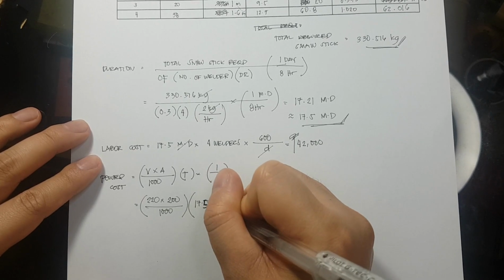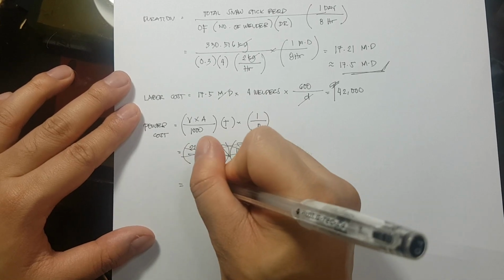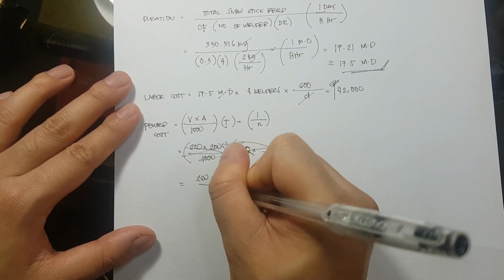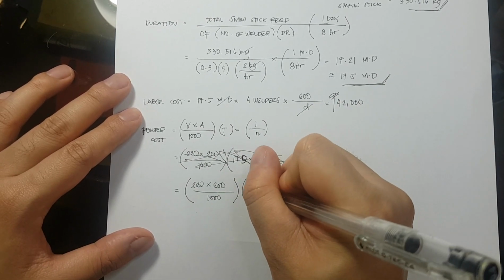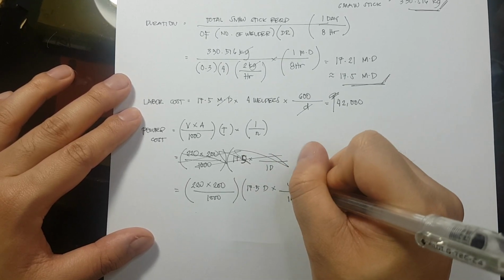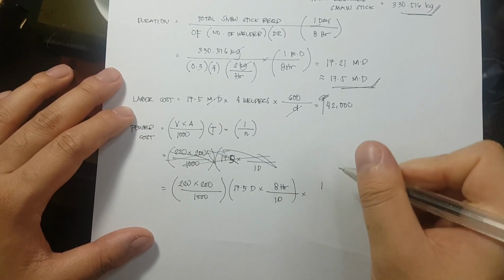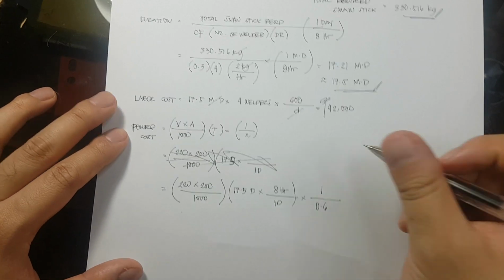So that is 17.5 days. Sa isang araw, we have 8 hours. Okay? Times 1 over 0.6 since it is a transformer.